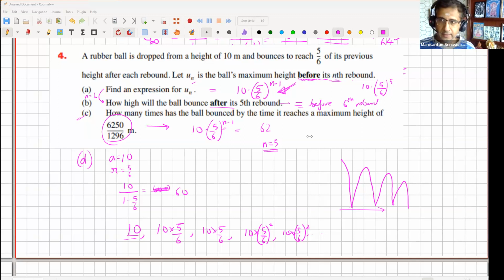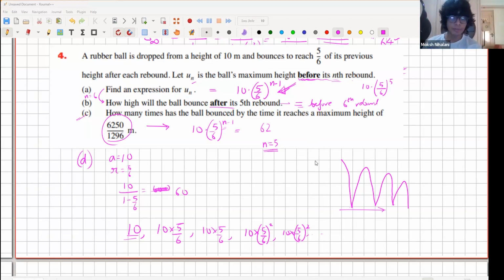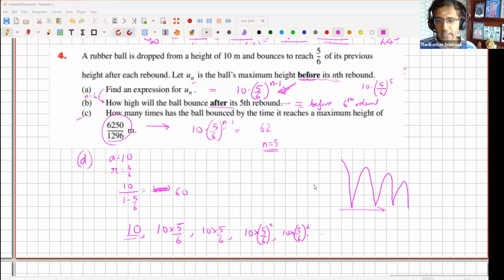By now, enough time has been spent on the problem. Okay, can we discuss, Moksh? You still think your answer is right, 120? Yeah, I do. Okay, Amit, can you explain your answer?